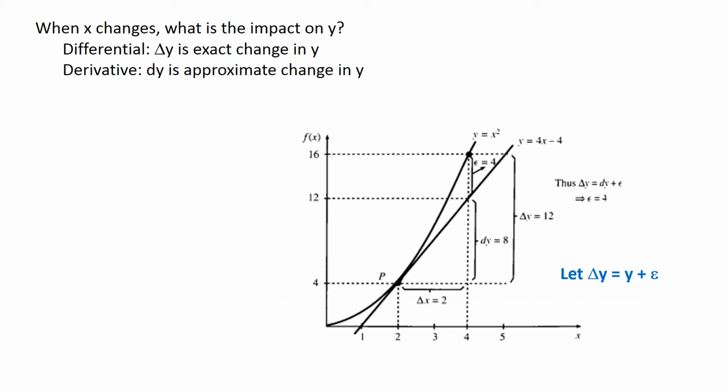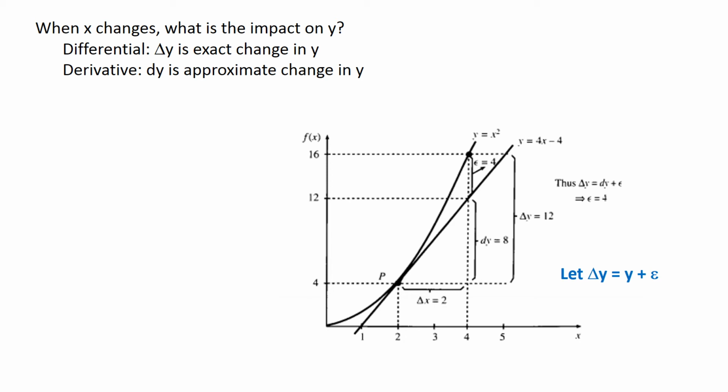So we have set del x equal to 2, and let us fix it. Let us keep del x equal to 2, and we can see that dy is equal to 8. Remember, dy is the slope of the tangent, not the slope of the function. So if you follow the tangent, then the value of y has gone up from 4 to 12. dy is 8.